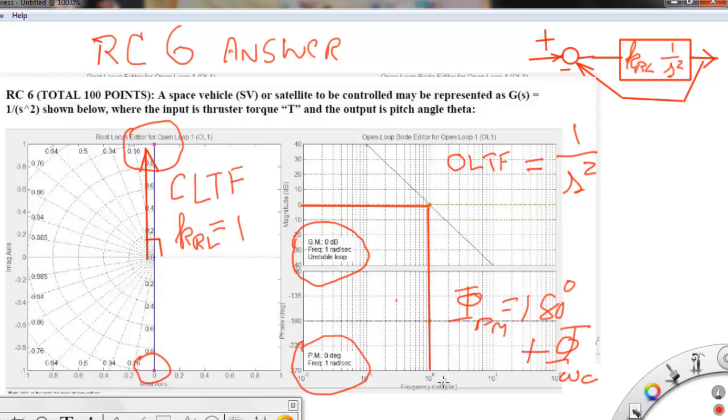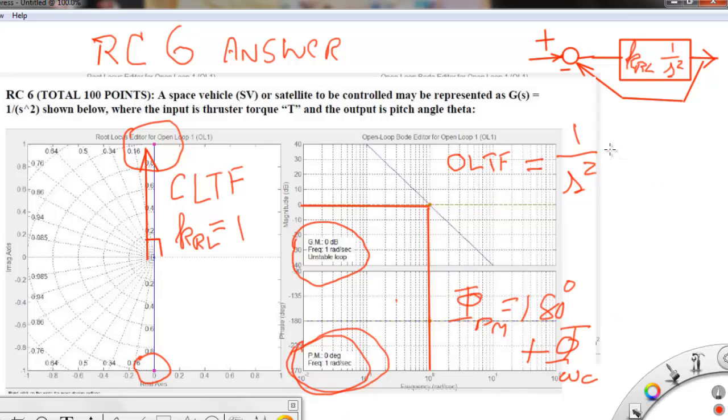So the phase angle at crossover is minus 180. So 180 minus 180 is 0 degrees. So that means I have no phase margin, which you can see here. I have no phase margin, and that's evaluated at 1 radian per second. So put the gain margin in your pocket for a second, because actually the gain margin is not defined for this particular system, but you'll have to hold off as to why for now.